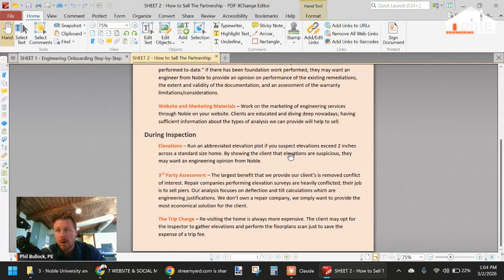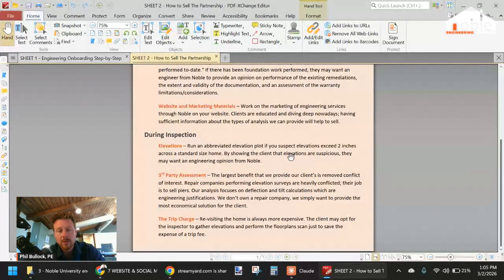This is the mark for when foundation concern becomes real. Elevations that are, we say 2 inches, depending on the size of the home. But if you see 2 inches across 50 feet or so in any direction, or floor cracking or foundation cracks, these are all visual cues and should be discussed with the client, but also should be elevated potentially to an engineer taking a look.